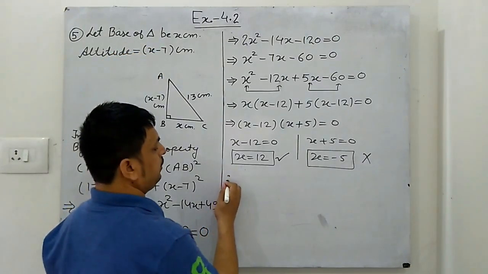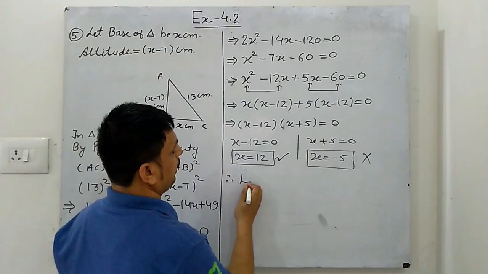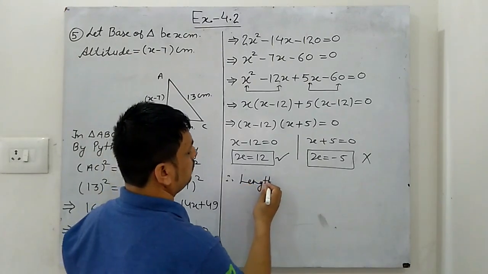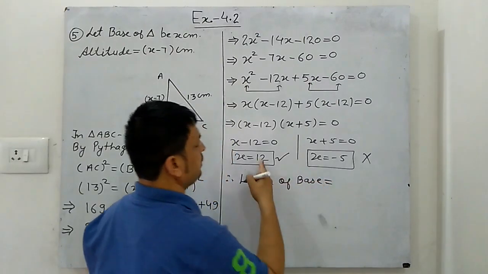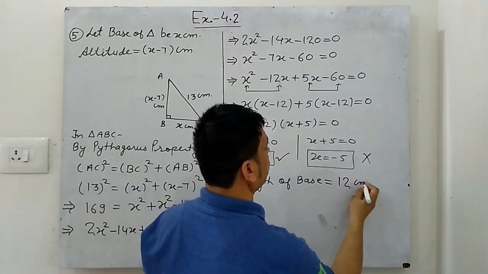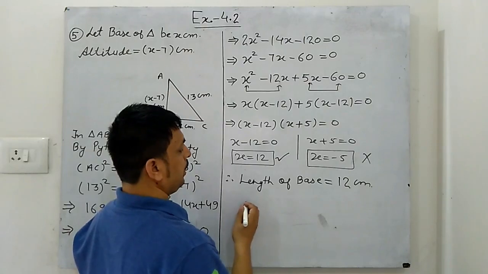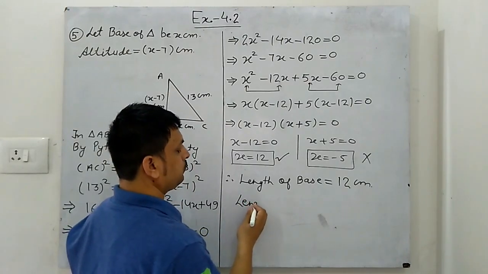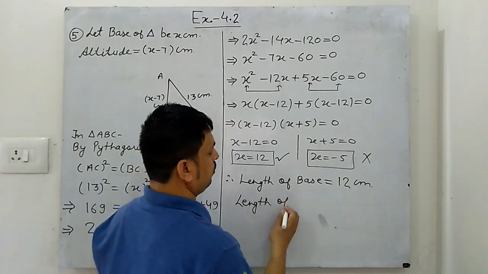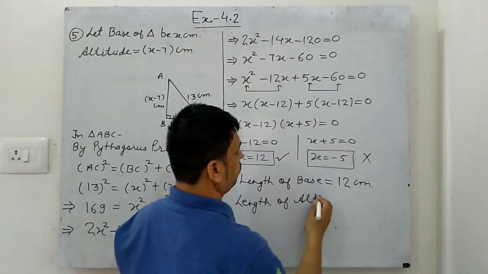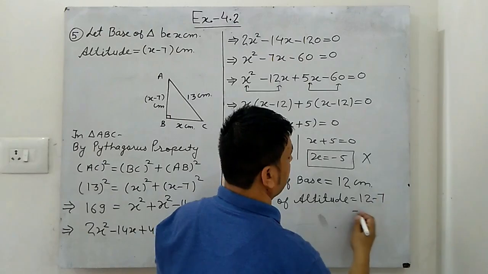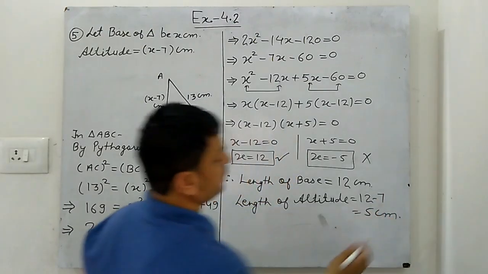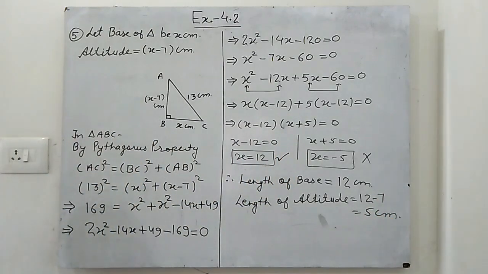So length of base is 12 centimeter, and length of altitude will be x minus 7, that means 12 minus 7, which is 5 centimeter. Is it clear? So that is question number 5.